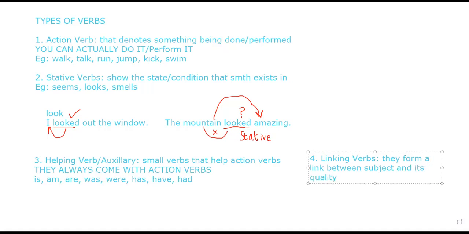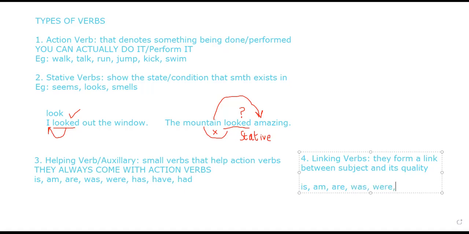Whatever the subject of the sentence is, that and some quality of it. And again, linking verbs are the same: is, are, was, were, has, have, had, etc.